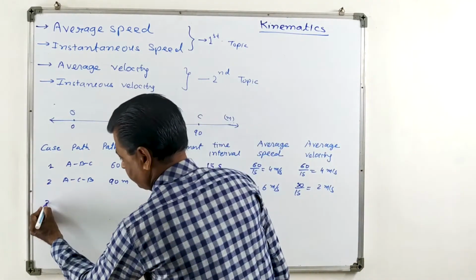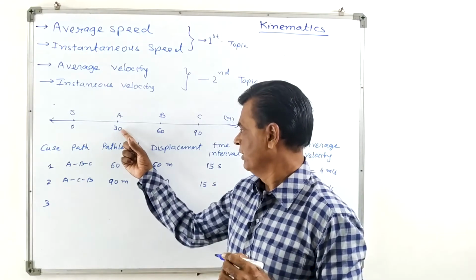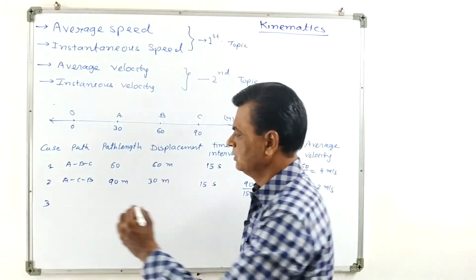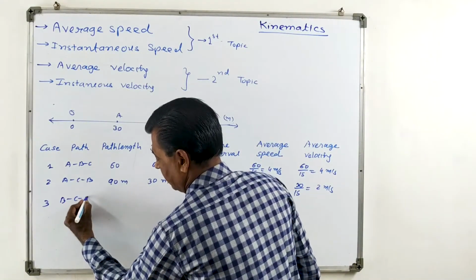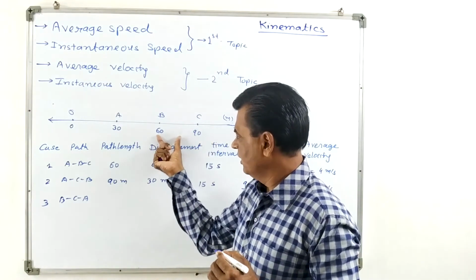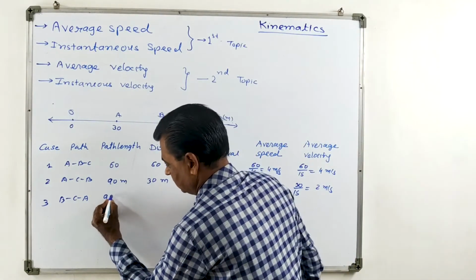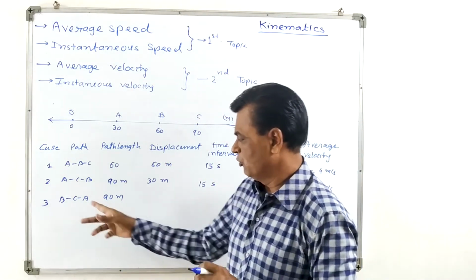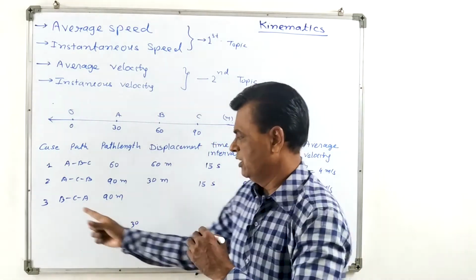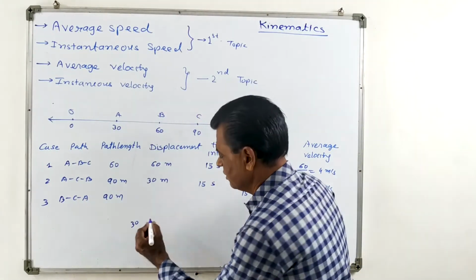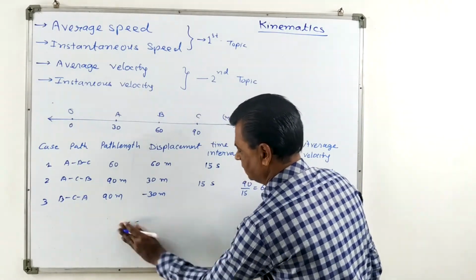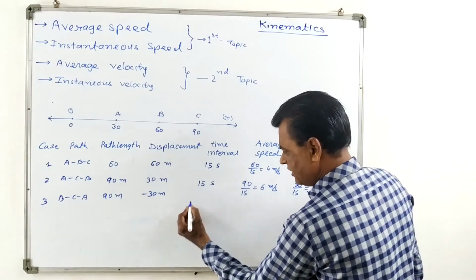Now in the third case, suppose the car starts from point B, reaches C and comes back to A. B, C, A. So the path length is 30 plus 30 plus 30, 90 meters. And for displacement, the final position is A, 30, and the initial position is B, 60; 30 minus 60, minus 30 meters is the displacement.